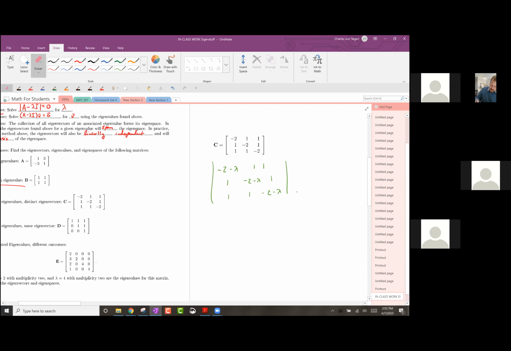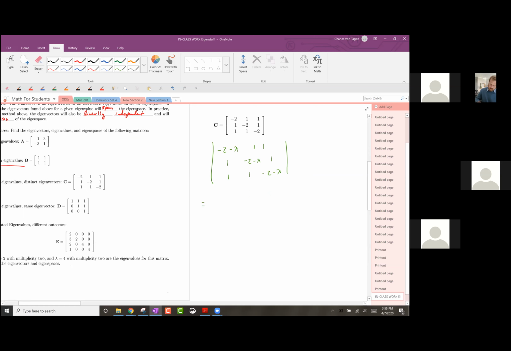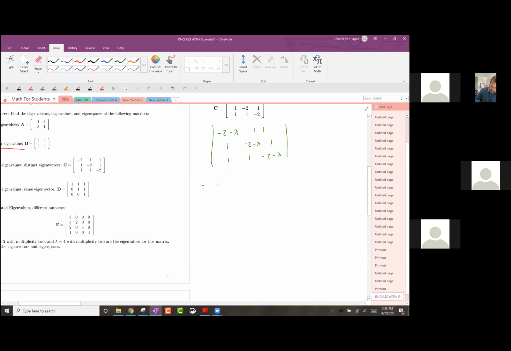So we have to compute that determinant. I'm not going to compute the whole thing because it's a little bit tedious. So I'll get it started and then I'll just jump to what the characteristic equation is. So you would choose to expand along this row.